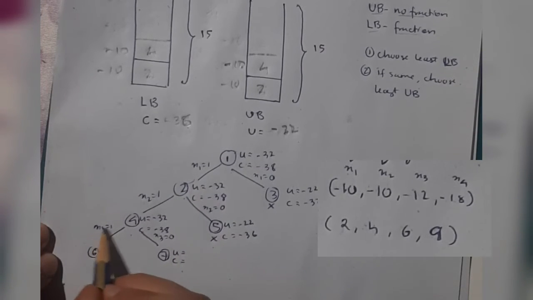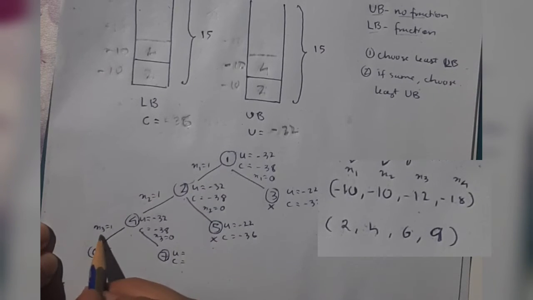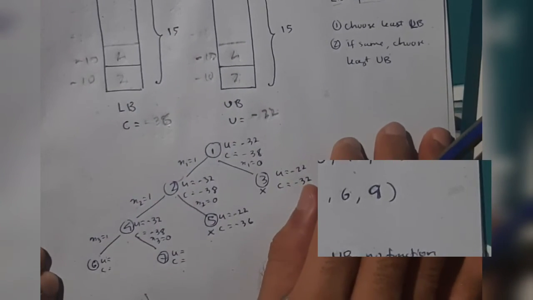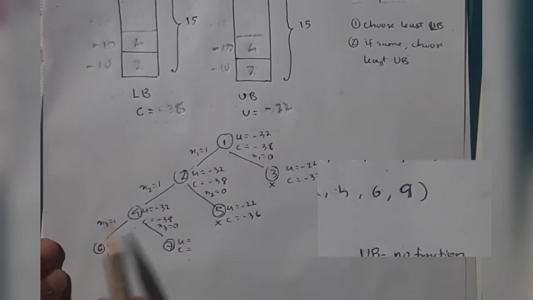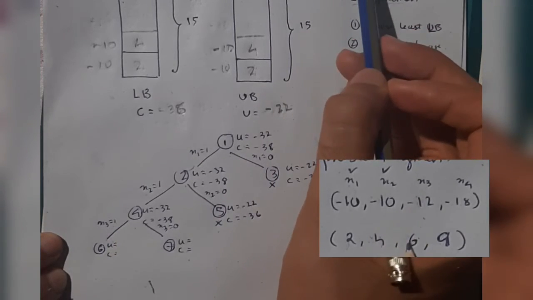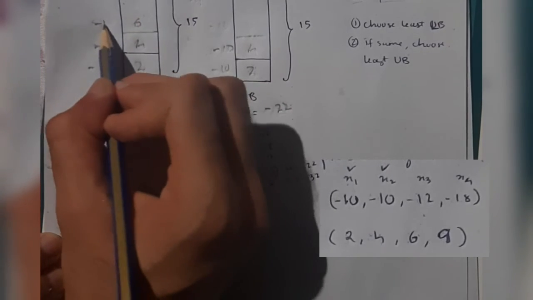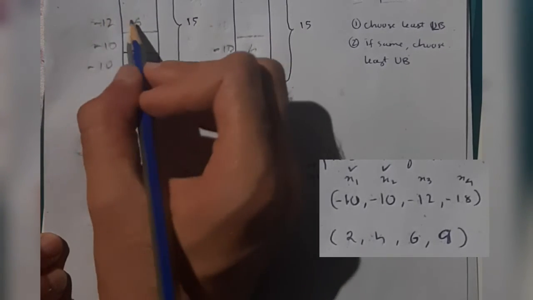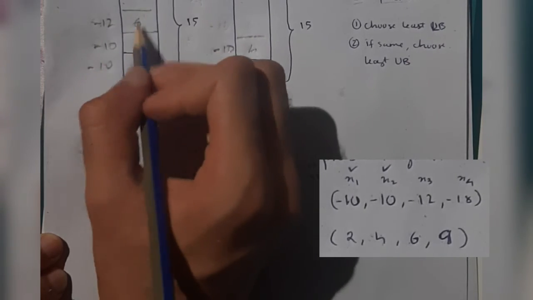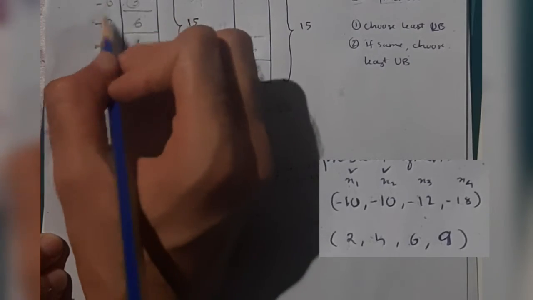Now we have two options, x3 as 1 or x3 as 0. If x3 is 1, that means we have to compulsorily include the third object. If you include the first, second and third objects, I'll get the sum here as 32, and here the weight left is 3, so I'll be including 3 here from the last one, and the profit I get is minus 6.